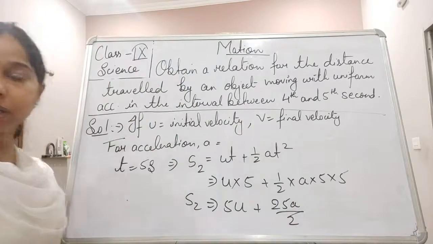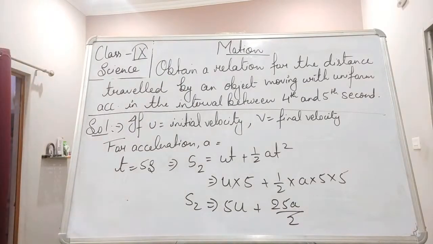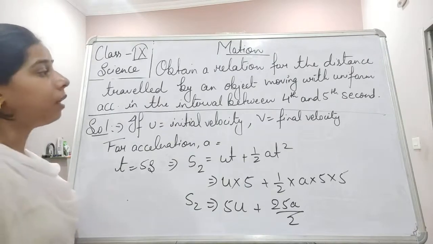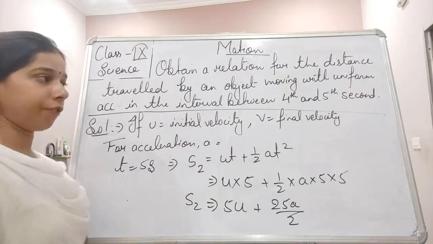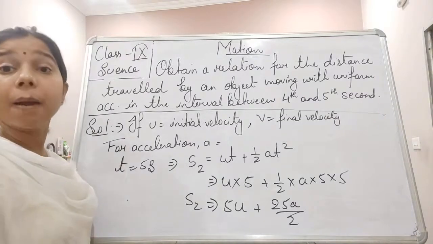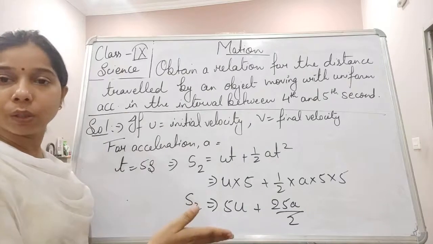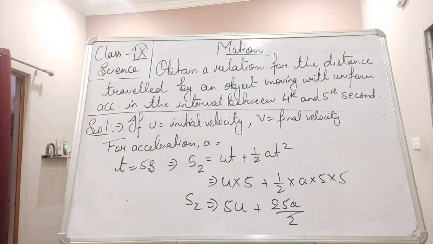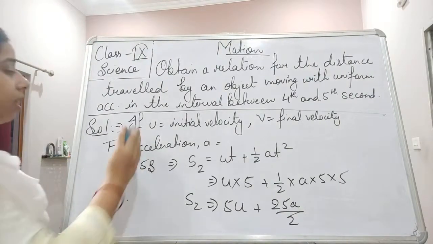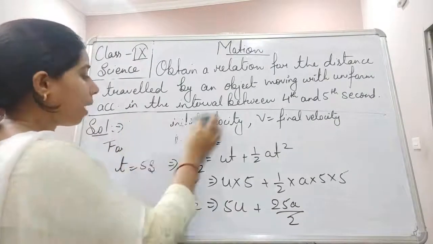The value of S1 we got, and the value of S2. Now we have to obtain the distance in the interval between the 4th and 5th second. How can we find it? By subtracting the 4th value from the 5th, we will get the distance traveled. So this will be equal to S2 minus S1.